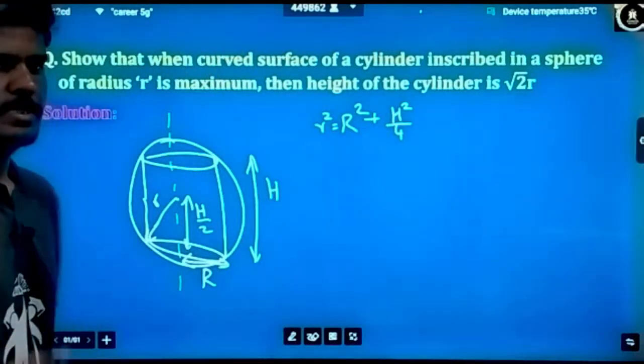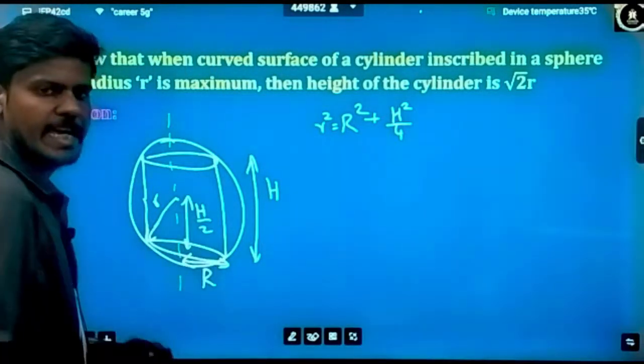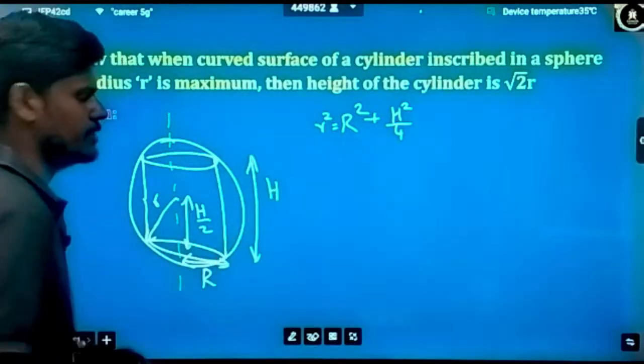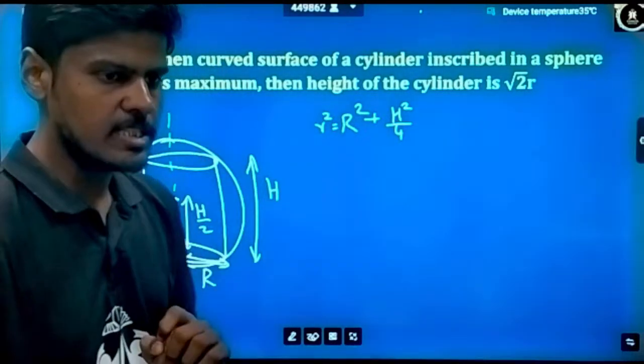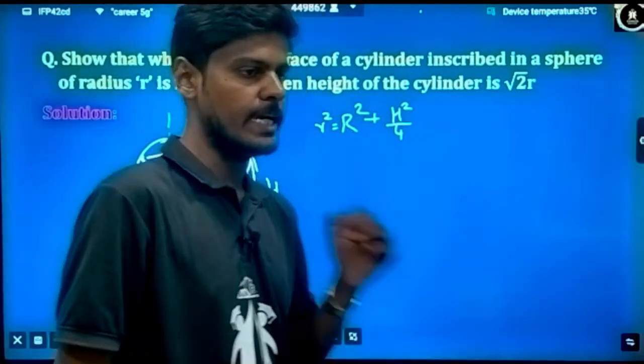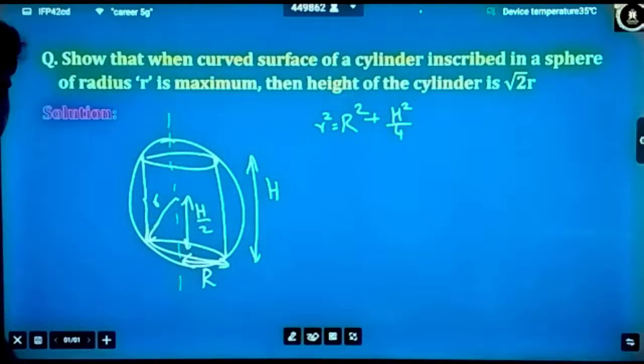This is the first step. Is it clear, students? By looking at the diagram, we have to construct the condition. In this question, the condition is not given, so first we have to find it.